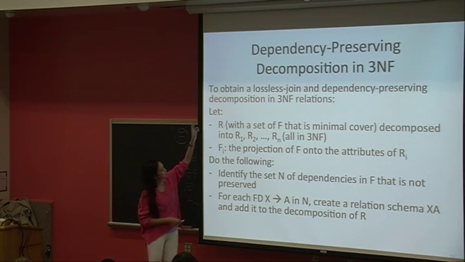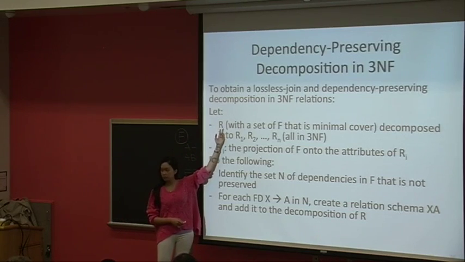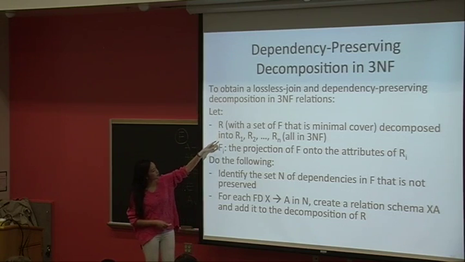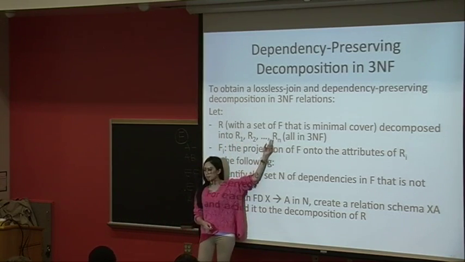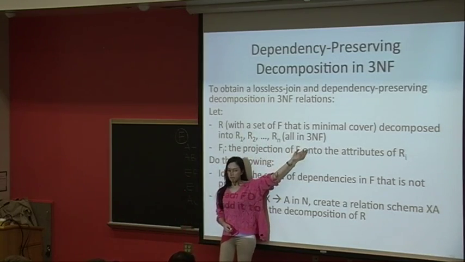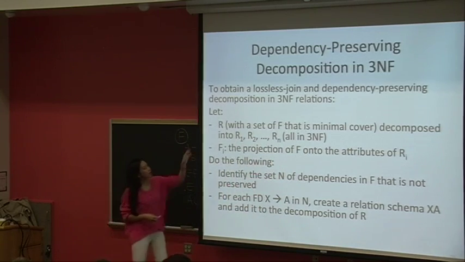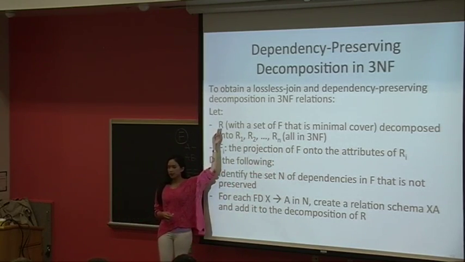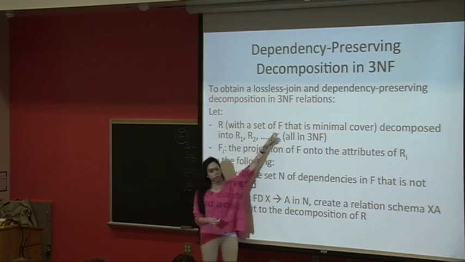Here we have a couple of notations. As always, R is the original relation that we want to decompose. This time we decompose it into R1, R2, all the way to Rn. All these smaller relations, we already assume are in third normal form. R is given a set of functional dependencies, and this is where the minimal cover comes in.